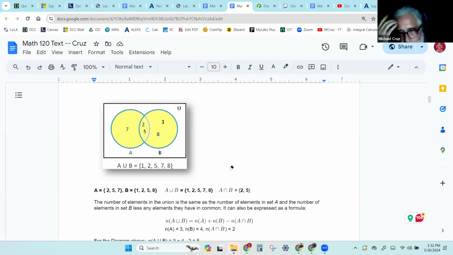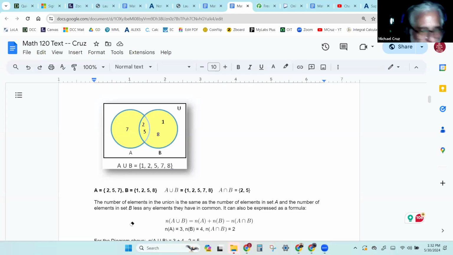All right, now there's a formula for this, and this is going to be something that'll repeat itself. We won't see it in chapter 3, but after midterm, we will see it in chapter 10, another form of it having to do with probability. But right now, we're just talking about the number of elements in the set when we're talking about n.